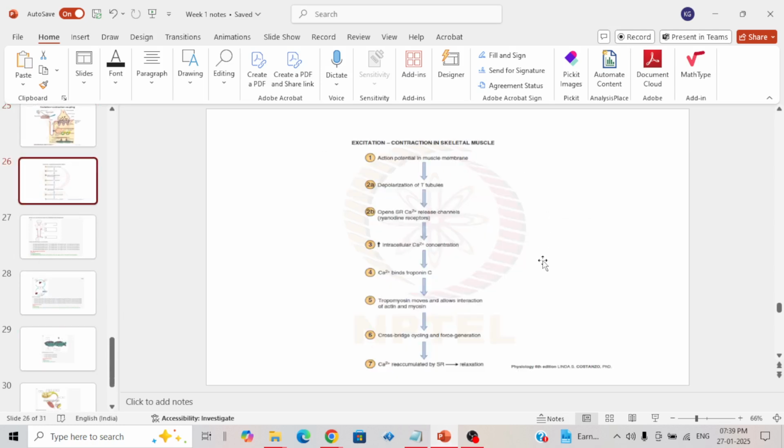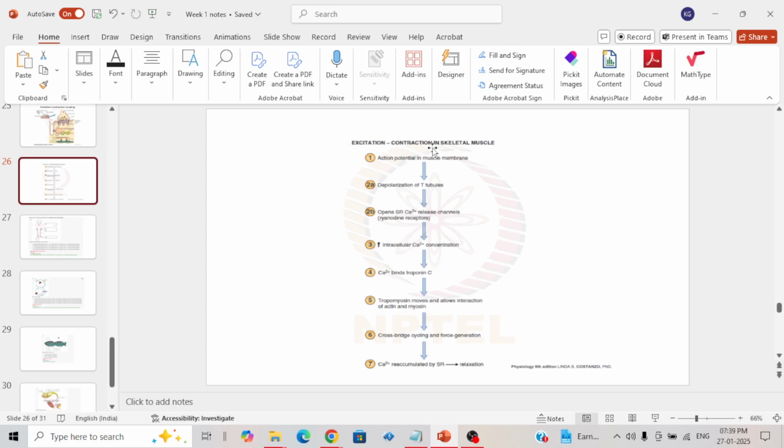I hope you guys have understood the events that occur in excitation contraction of skeletal muscle. It works in a very regulated manner, in a way that one step occurs after the other, otherwise the next step won't be able to happen.